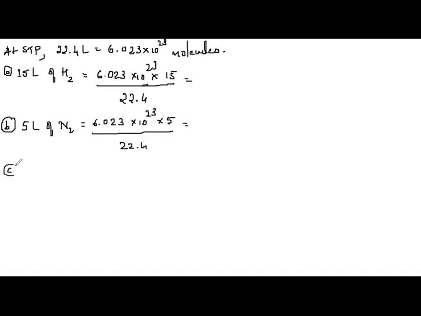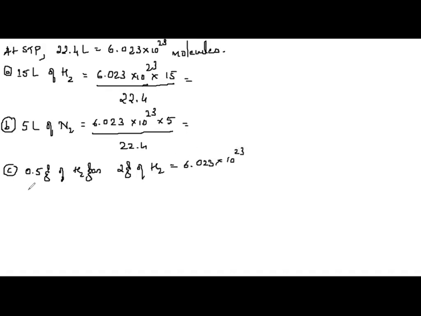Third option, what they have said, 0.5 grams of H2 gas. Grams they have said. See, 2 grams of H2 gas will have Avogadro number of molecules, because that is the molecular mass, right?